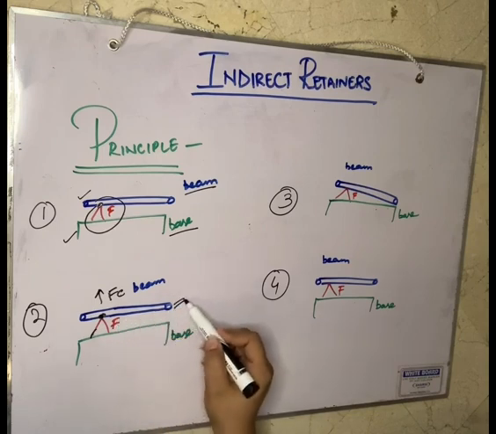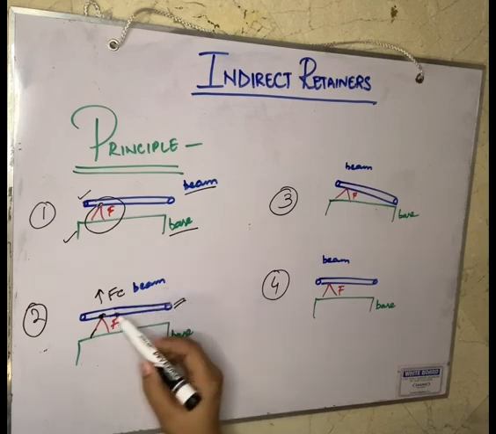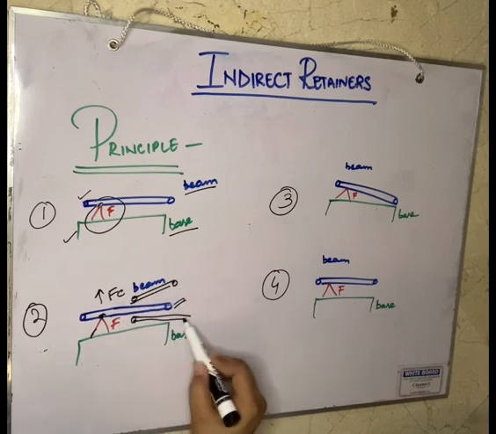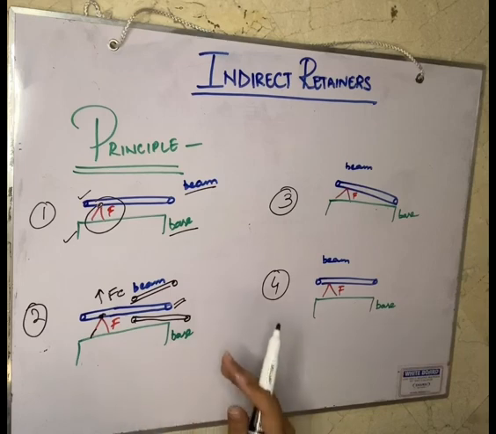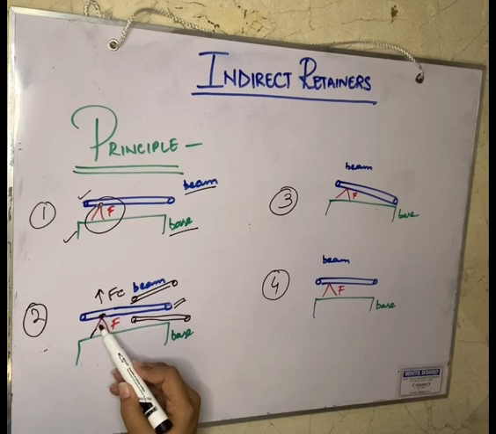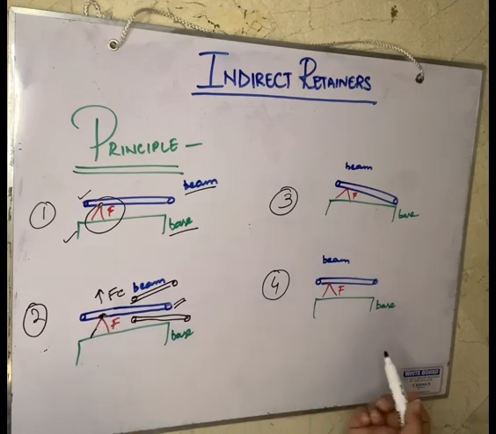The beam will displace, it will move from its position, either this way or this way, when an external force is applied and the fulcrum is not attached to the beam or the body.